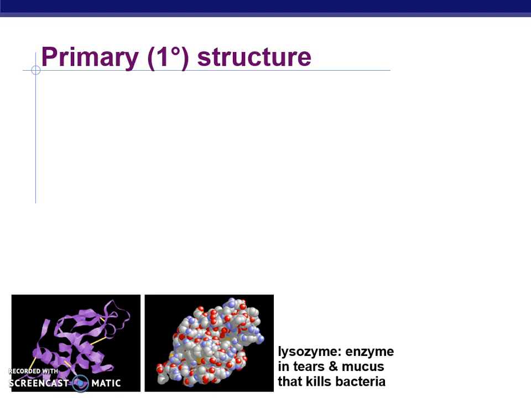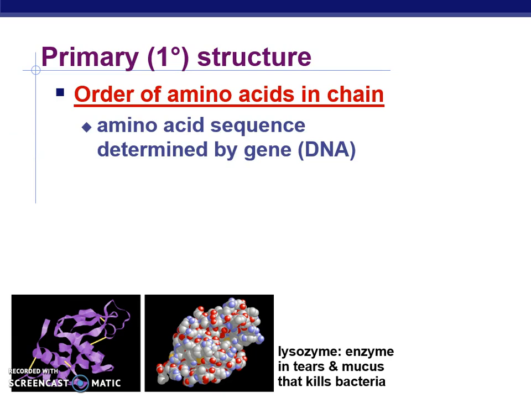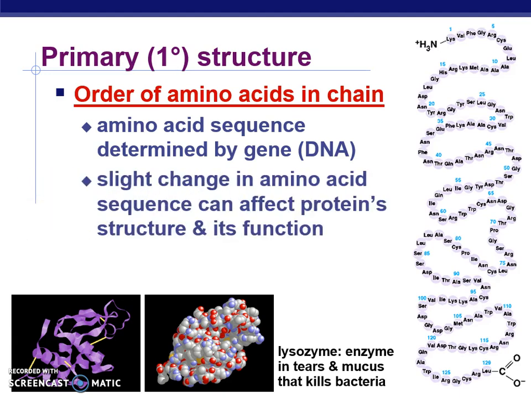All right. So if you go through those structures, and if we look at how that structure comes to be, how do you become fibrous versus globular? First we look at the primary structure, and that's all about the order of amino acids, right? So that's determined by your DNA, and that's really super important in terms of figuring out the final structure. So that really is what determines everything else after it.